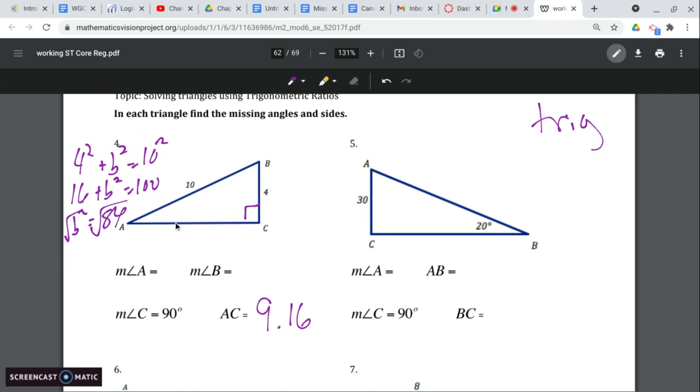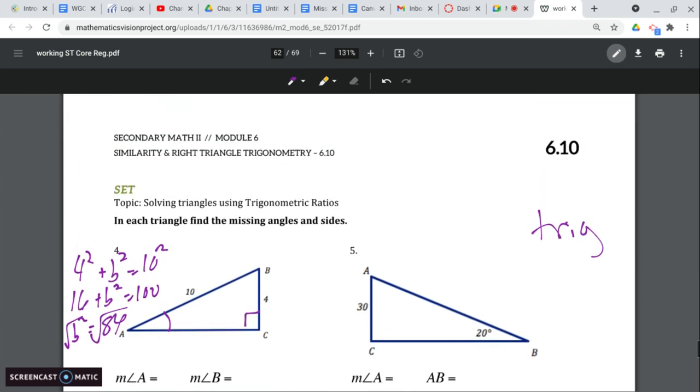Now, for finding our angle measures for angle A. So if we are looking for angle A here, we have opposite and hypotenuse. So which of our trig ratios represents opposite and hypotenuse? Well, that would be sine. Sine is opposite over hypotenuse. So I'm going to come up here so I have space to write.